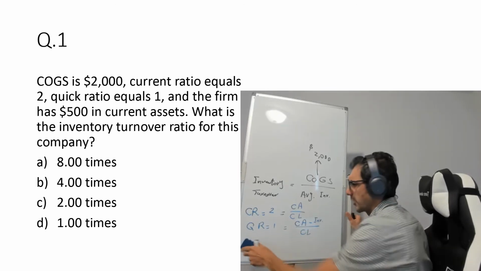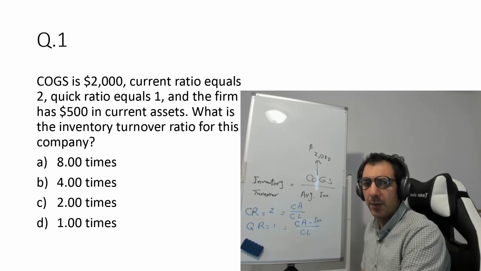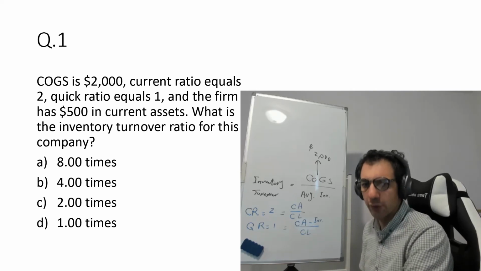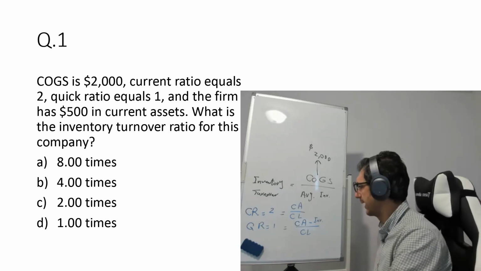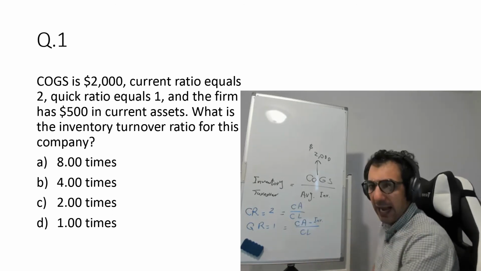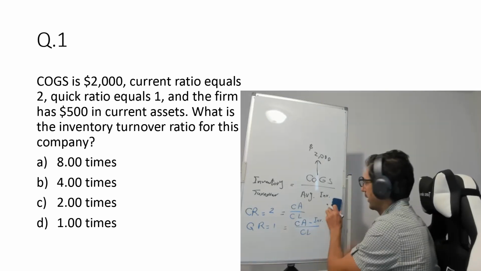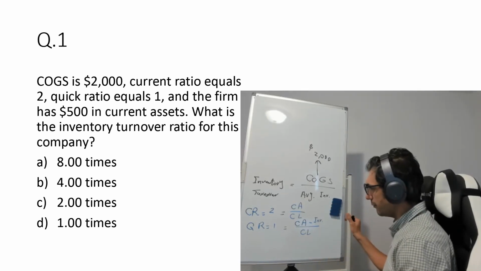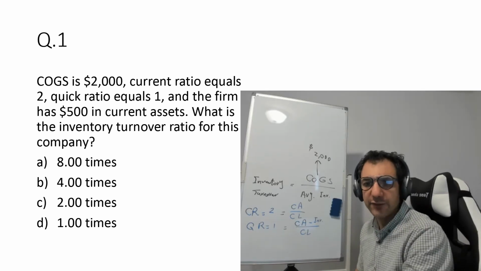In some textbooks, they actually exclude the prepaid expenses. But the most common version is just excluding inventories from your current assets. So the major difference here is taking out the inventory from the current assets. Anyway, we also see the current assets given as $500.